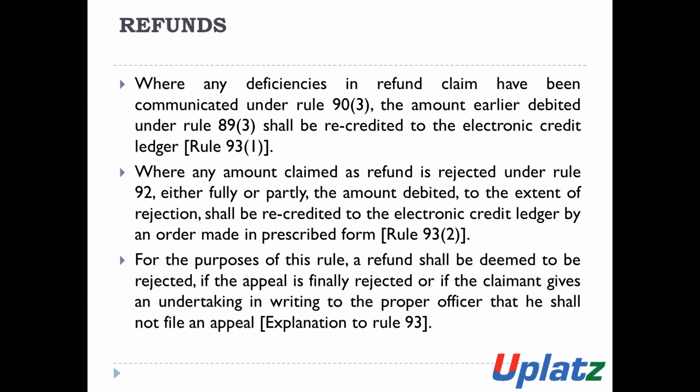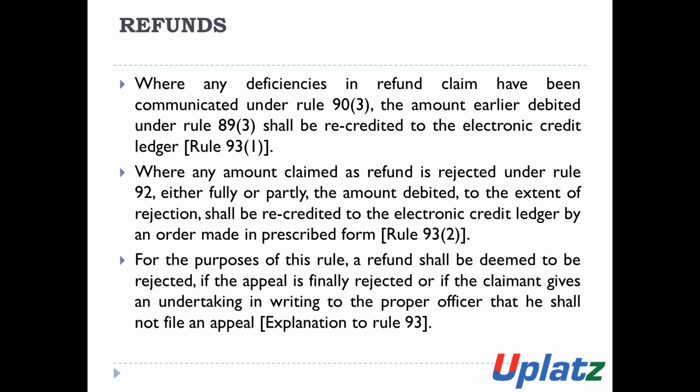And where the refund is rejected under Rule 94, whether wholly or partly, the amount debited to the extent of rejection shall be recredited to the electronic credit ledger by an order made in the prescribed form.